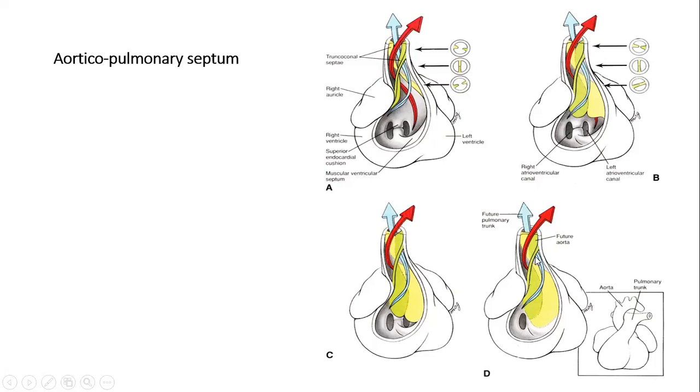If there is any defect in the formation of the septum, it leads to the transposition of the vessels, where the aorta will begin from the right ventricle and the pulmonary trunk will begin from the left ventricle. So this membranous structure will form the septum for the ventricle and also continue into the vessels, the same septum.